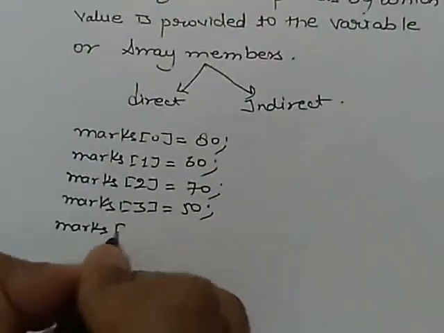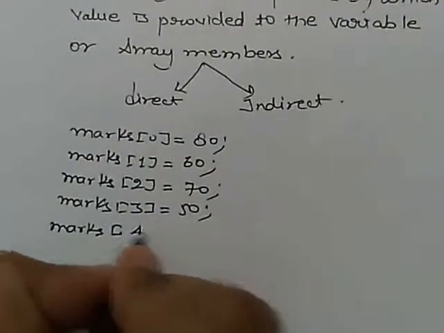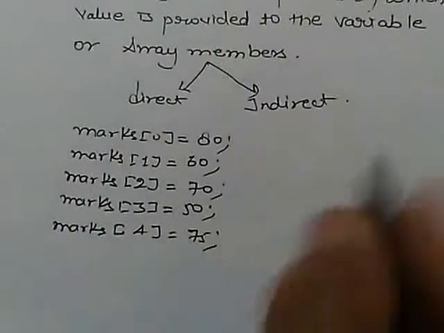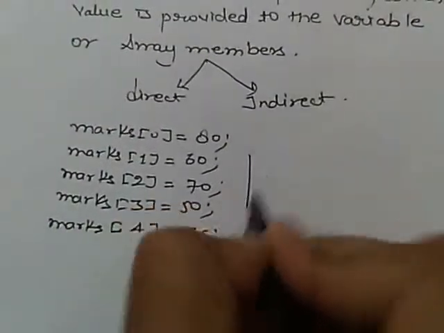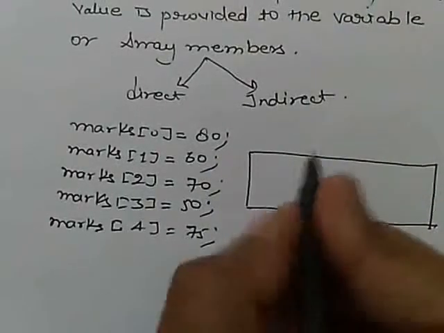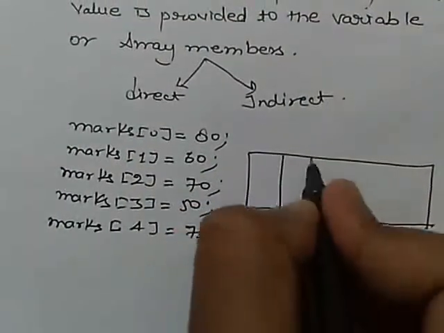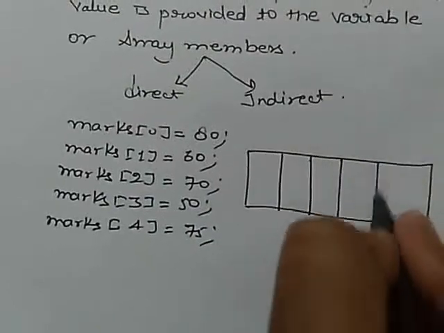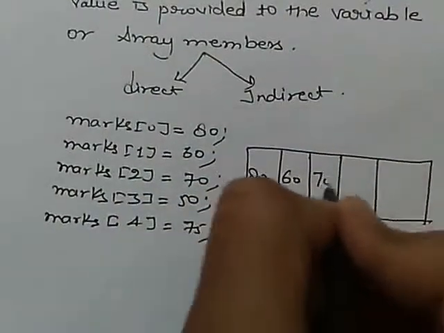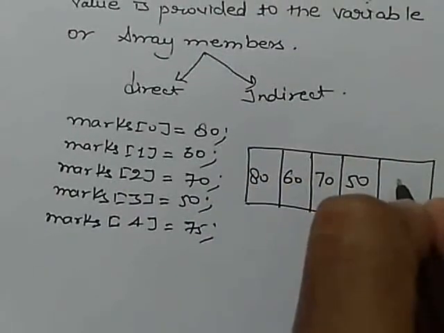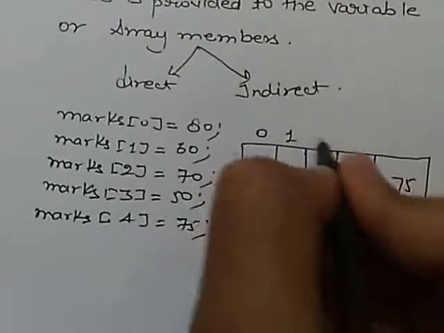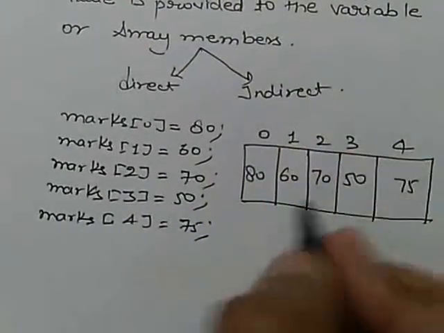Now these elements are saved in a contiguous location. 80 will come here, 60 will come here, 70 will come here, 50 will come here, and 75 will come here. So this is the index 0, 1, 2, 3 and 4.